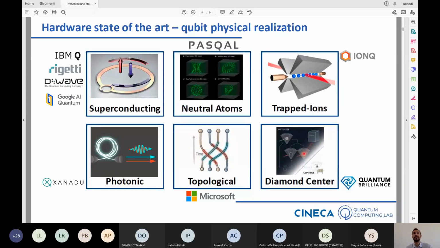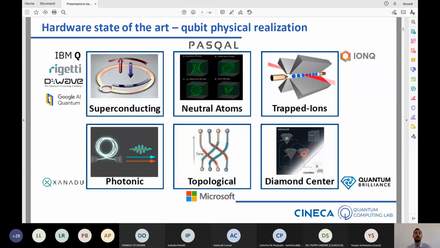Superconducting means you are using a superconducting circuit that has to be cooled down to very low temperature, very close to absolute zero, and they show superposition in the current that circulates in these circuits. That's how you construct your qubit, and this is the most advanced technology, basically the one we know best how to use.